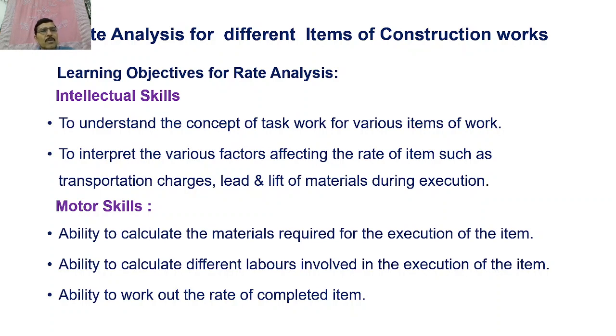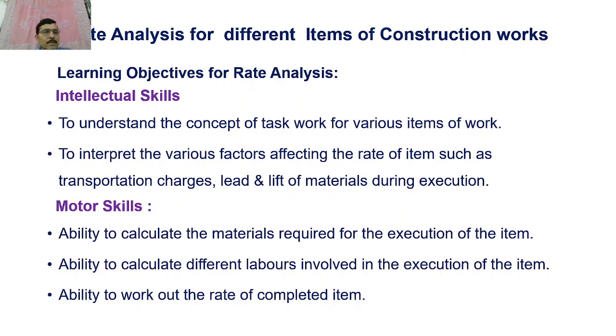motor skills. So in intellectual skills, number 1 is to understand the concept of task work for various items of work. Next intellectual skill is to interpret the various factors affecting the rate of an item, such as transportation charges, lead and lift of materials during execution.